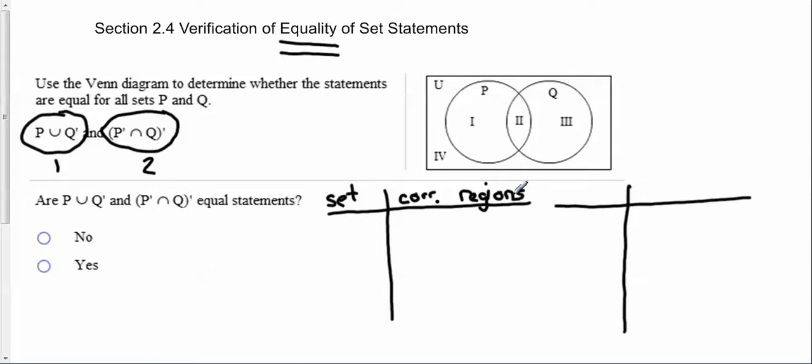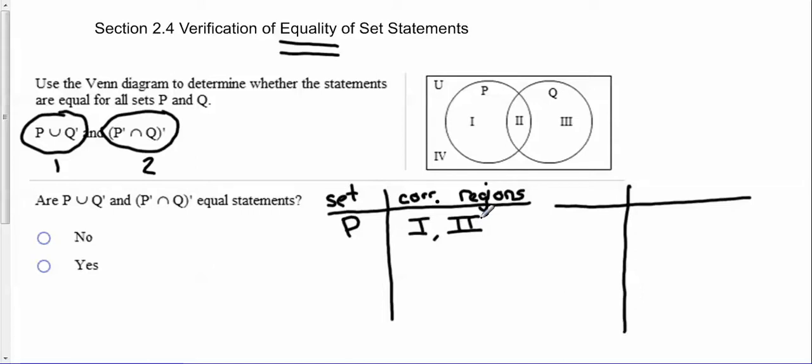So let's do this in pieces. You notice we have a union, but before we take the union of those two sets, let's figure out what regions make up each one. So set P is made up of all the elements in regions 1 and 2. Remember, these are region numbers, and they represent elements that would be in those regions.